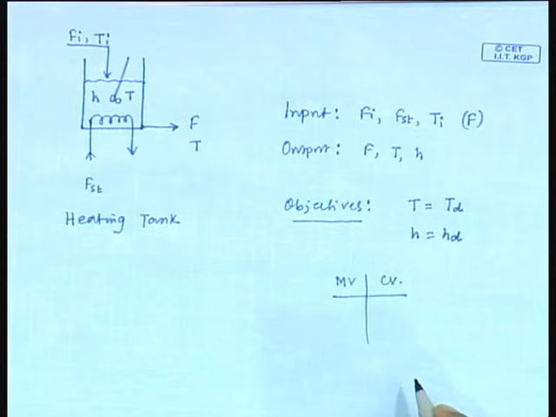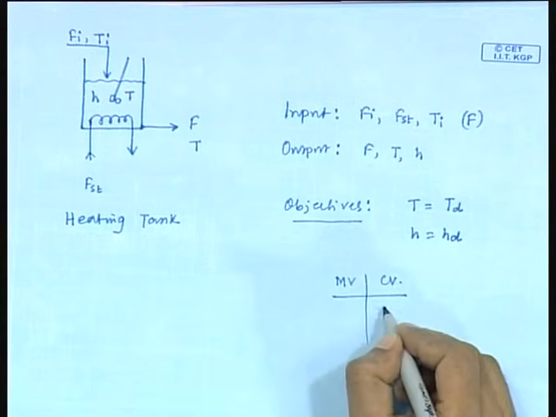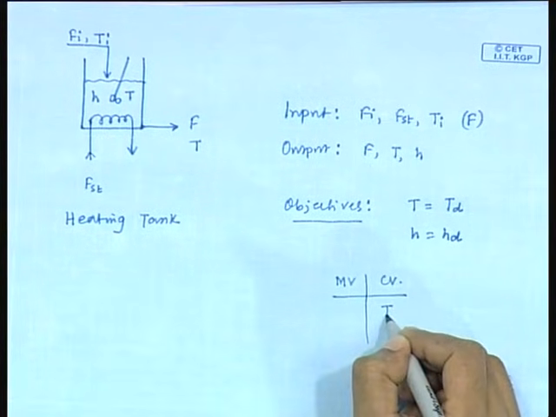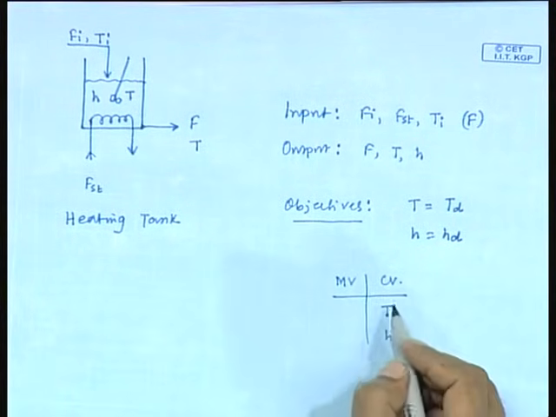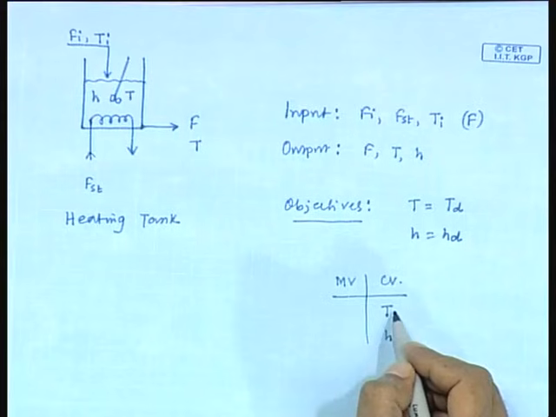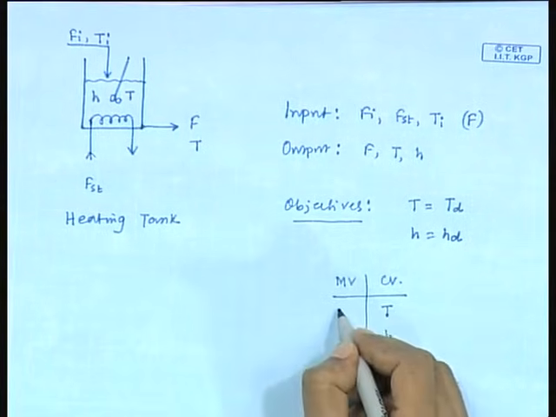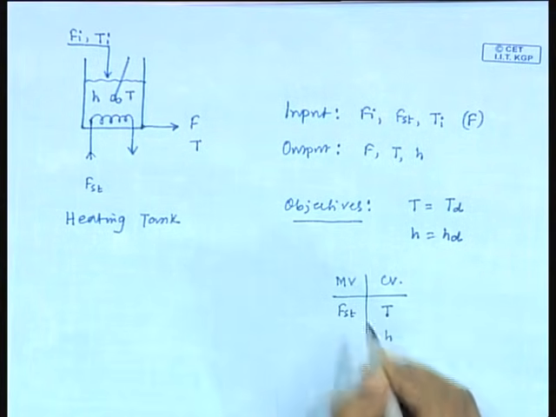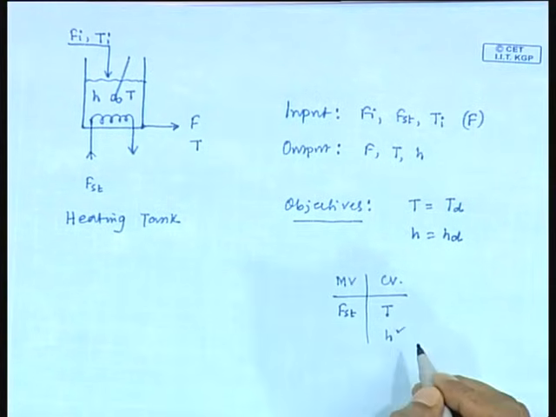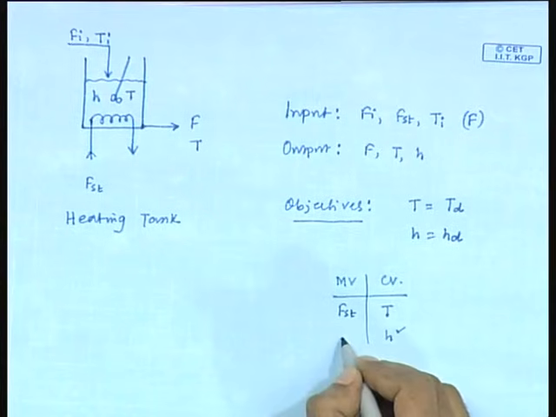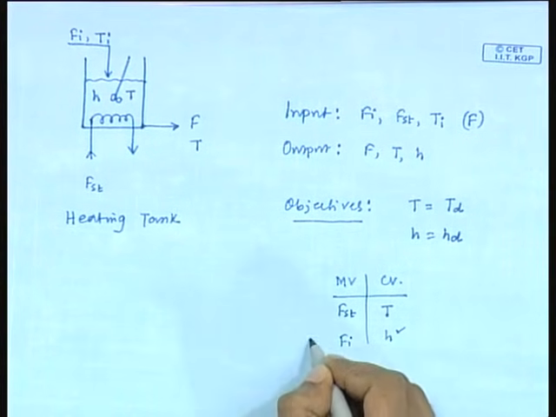One control variable is temperature, because that is our objective. Second control variable is height. How can we maintain this temperature? By adjusting Fst. And for the case of height, how can we maintain the height? By adjusting Fi and F naught, Fi and F.